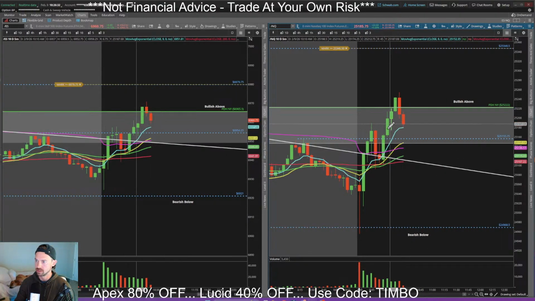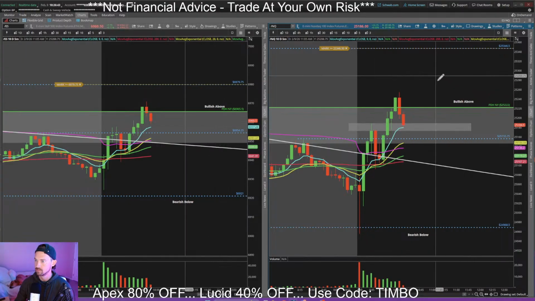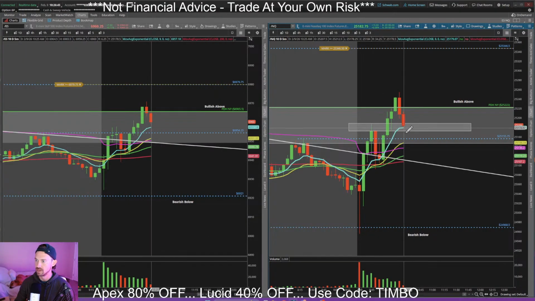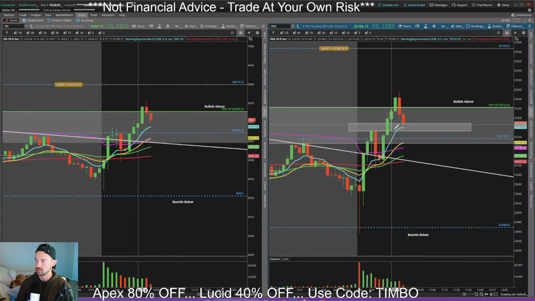All right, we'll see if we can hold this previous resistance area here on NQ. Back near the 9 EMA on the 5-minute chart, where we had this little push up here.